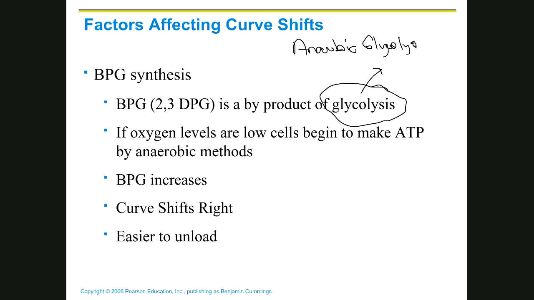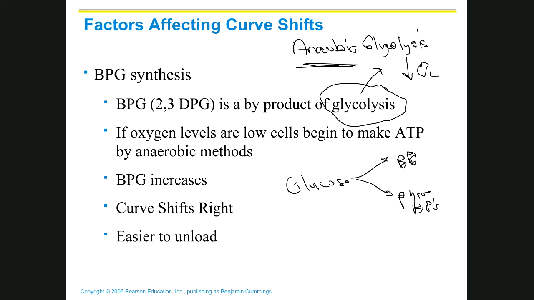So the only time you would do anaerobic is when oxygen was low. What anaerobic is, we're going to take a glucose and we're basically going to split it in half. What we're going to get is something called pyruvate, which can be turned into BPG.